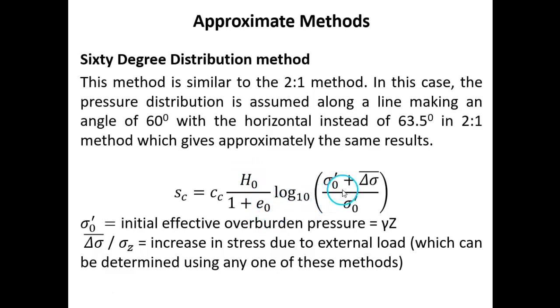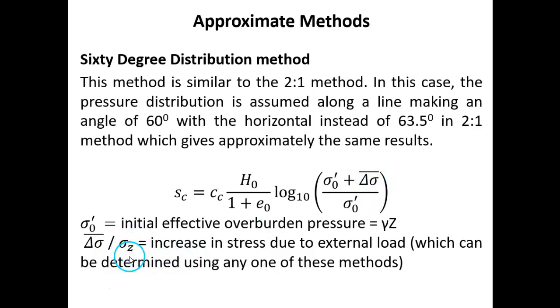So here there are two stresses, sigma naught dash and delta sigma dash. What is this sigma naught dash? It is the initial effective overburden pressure, which is equal to unit weight of soil multiplied by thickness of soil, which is called geostatic stress. Whereas delta sigma dash, in the previous equations we were taking as sigma z.